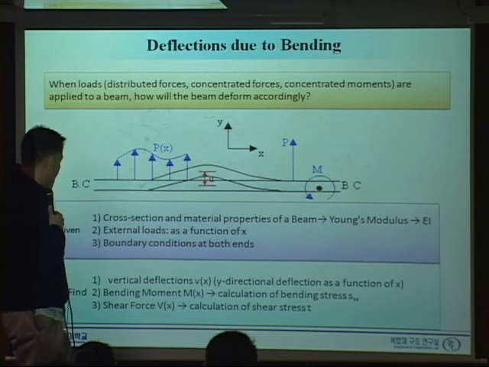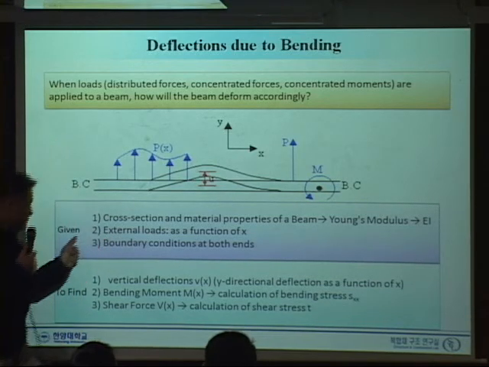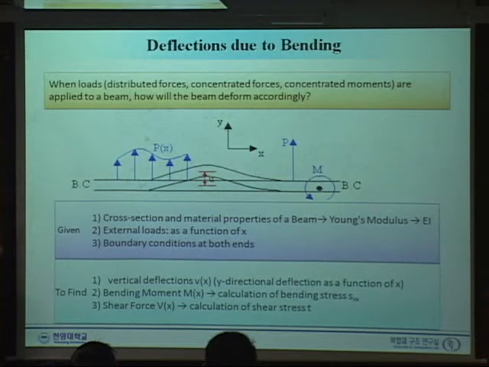So here, given the cross-section and material properties of a beam. Cross-section means basically a moment of inertia, and material properties is the Young's modulus.